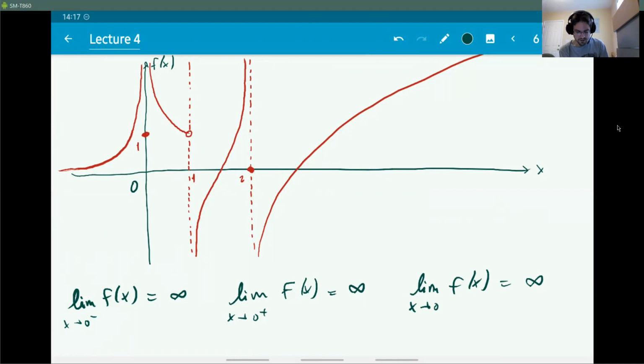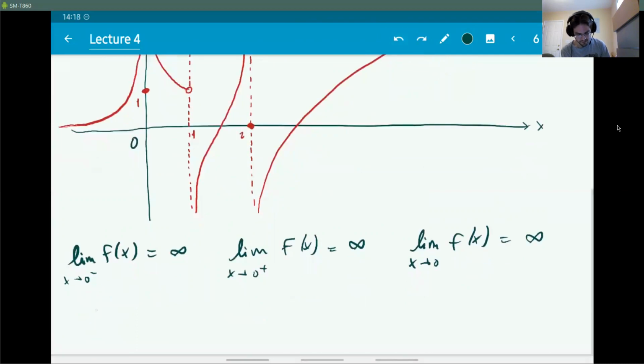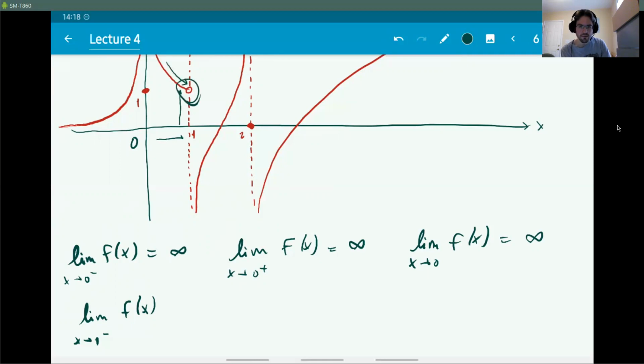Meanwhile, if we analyze around x equals 1, on the left side, please try to guess this answer before I say it. What is happening to the values of f of x as you approach 1 from the left? If you look at this graph, it's tending to go down to this point with a y value of 1.